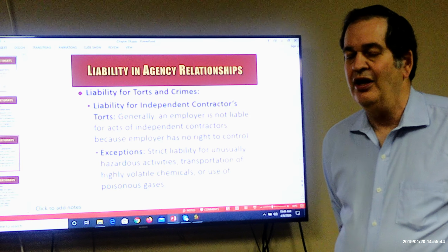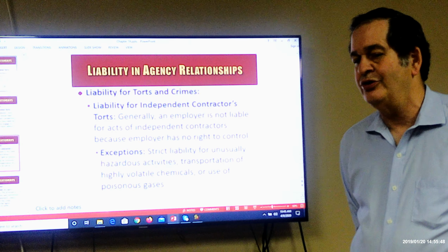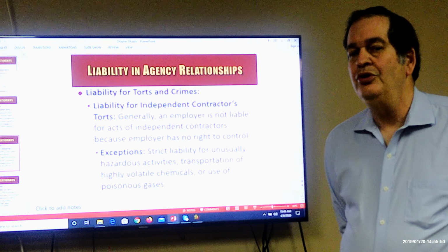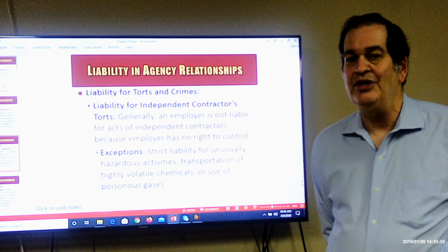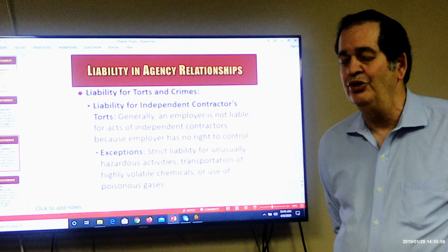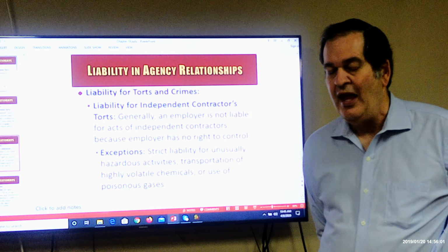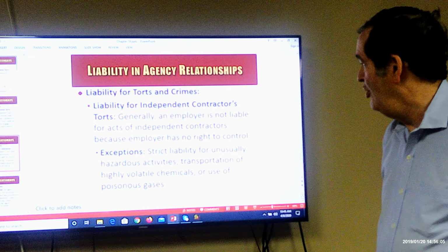Uber originally maintained, and I think they still do, that their drivers are independent contractors. However, when you look at the standards used by the courts to determine whether somebody's an independent contractor or not, you see that Uber has a difficult argument and has actually lost that argument in some courts.